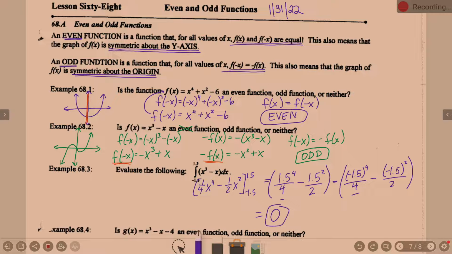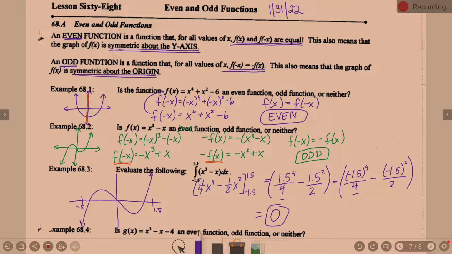And so if I give you a little sketch of the graph, yes, it's something like this. And you guys, of course, can see that negative 1.5 is over here, positive 1.5 is over there.